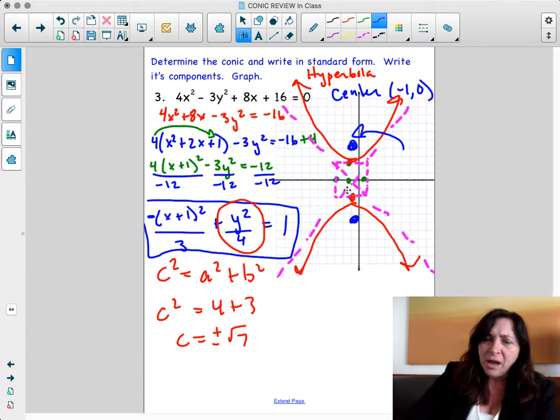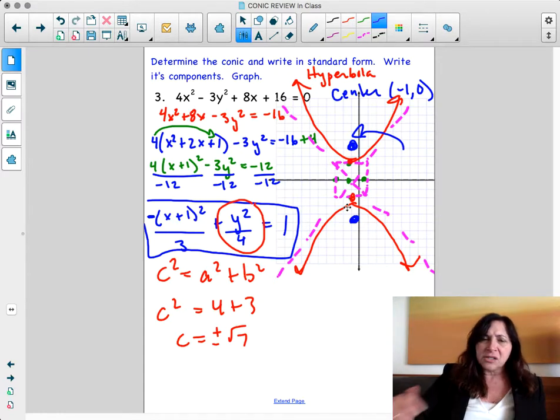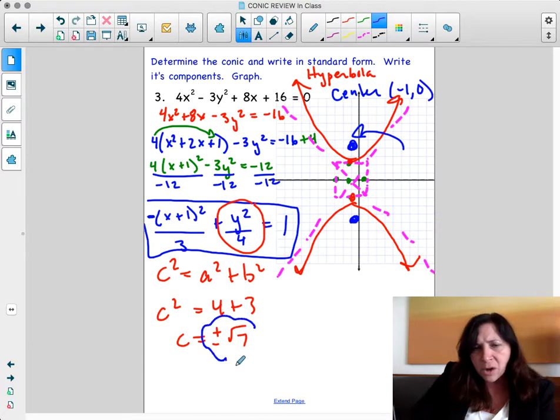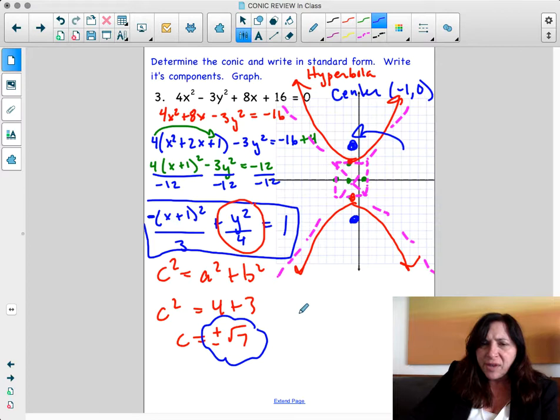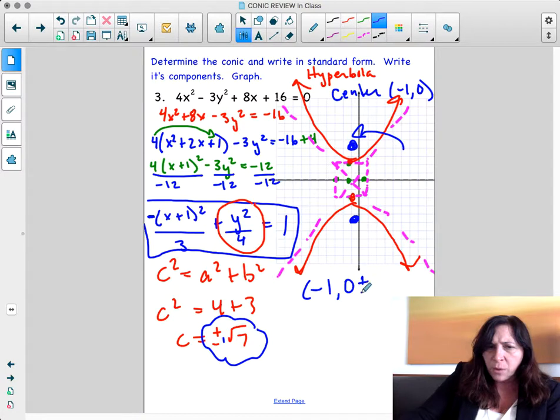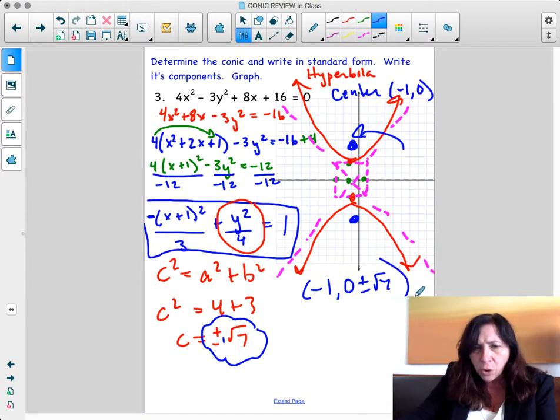And so because it's on the y-axis, you're going to add this plus or minus square root of 7 to the y coordinate of your center. So if my center is at -1, 0, I'm going to add these points here to that. So it'll be -1, 0, plus or minus the square root of 7. So that's where my focal points will be.